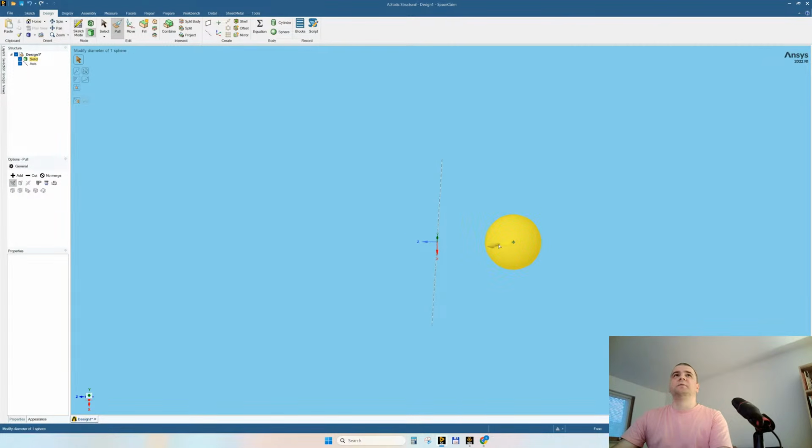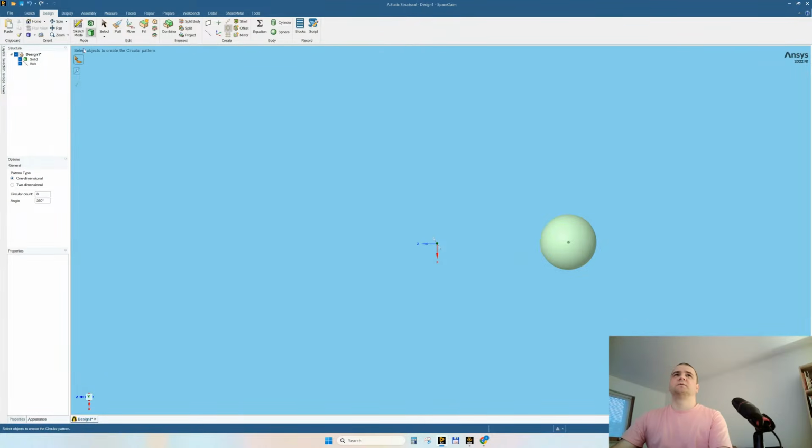In order to keep things kind of realistic, let's move a little. And if possible, let's pattern this ball, okay? So we have a circular pattern.